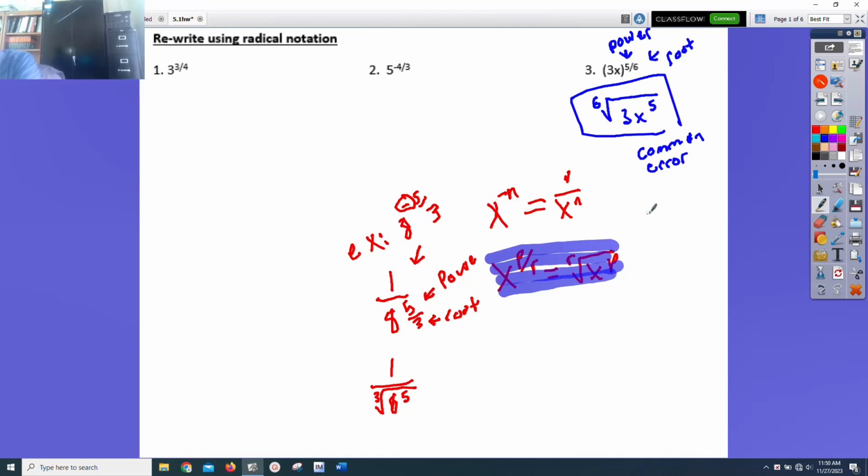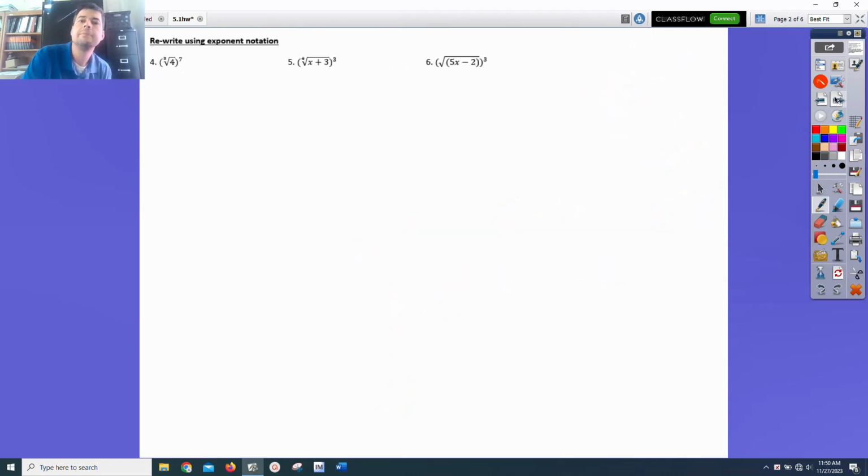I need to include parentheses. I need both pieces raised to the 5th power. 6th root of (3x) to the 5th. Now, there's more you can do, but it just said rewrite using radical notation. So we're not going to make a mountain out of a molehill here.